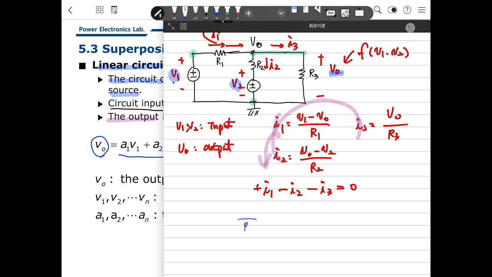So what's I1? V1 minus V0 over R1, minus I2, which is V0 minus V2 over R2, minus I3, which is V0 over R3, will be 0.